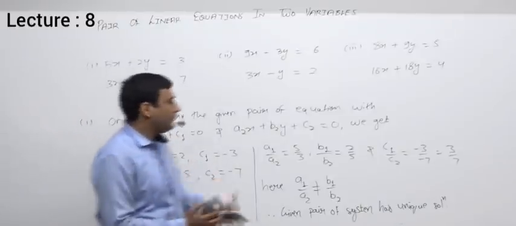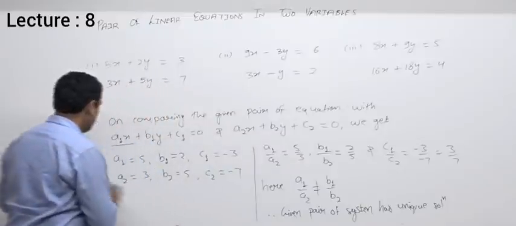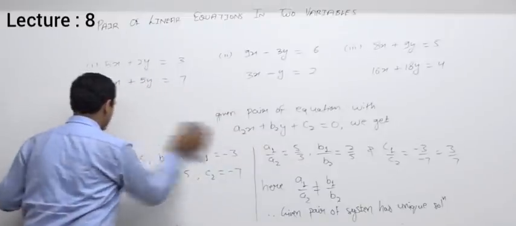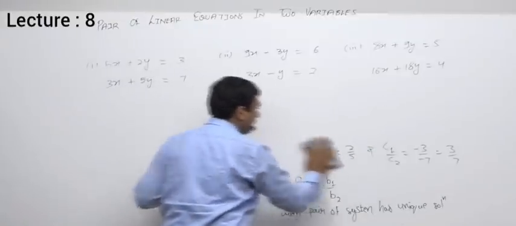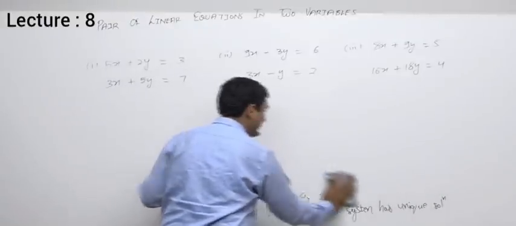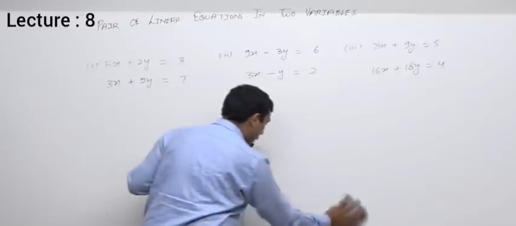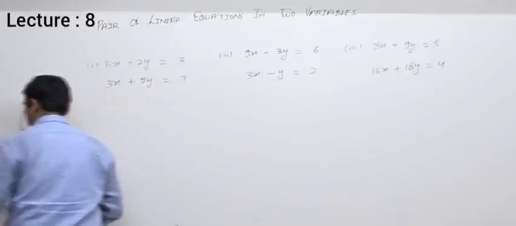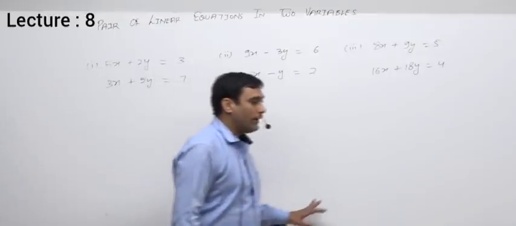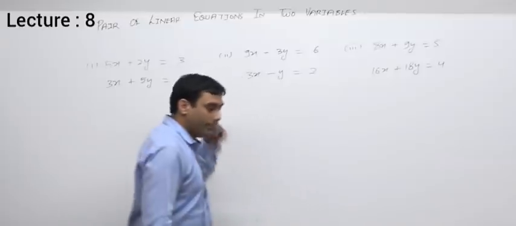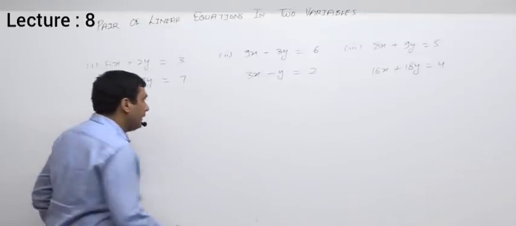Now in the same way we will see the second one. So again we have to follow the same thing. That means first we have to compare the given pair of equations with the standard form, and we have to obtain the values of a1, b1, c1 and a2, b2 and c2.